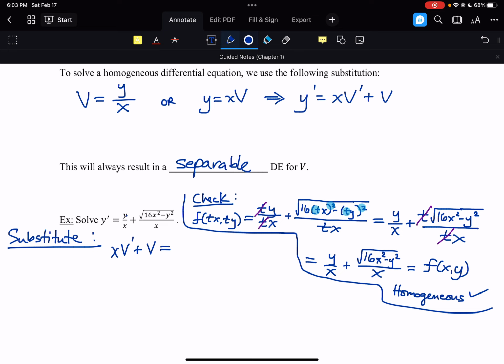On the right-hand side, y over x just becomes v plus the square root of 16x squared minus y squared. So that's going to be x squared v squared instead, over x.